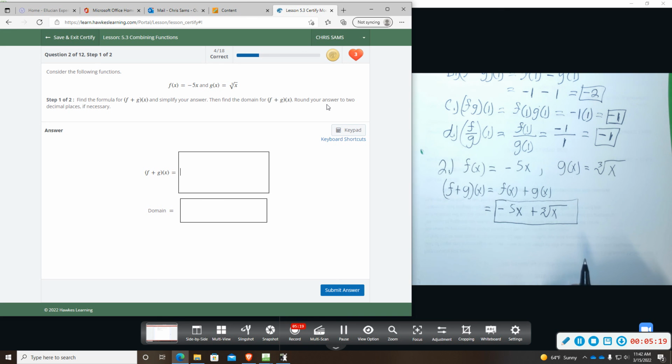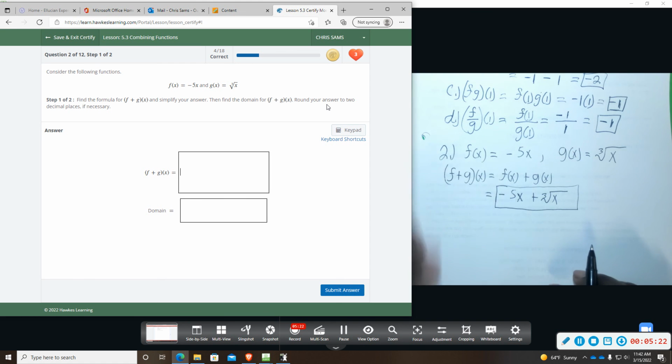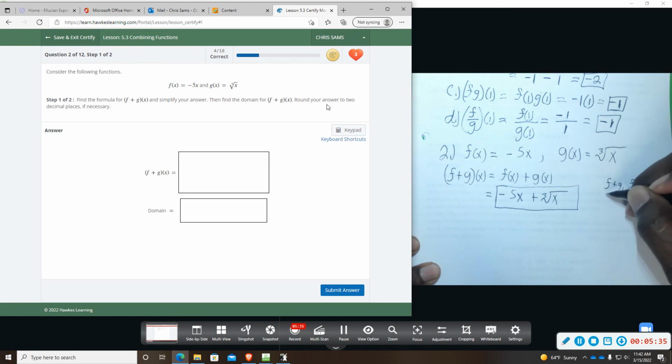Okay. Now, with domain, f plus g, f minus g, and f times g, all domains are the intersection of f and g.